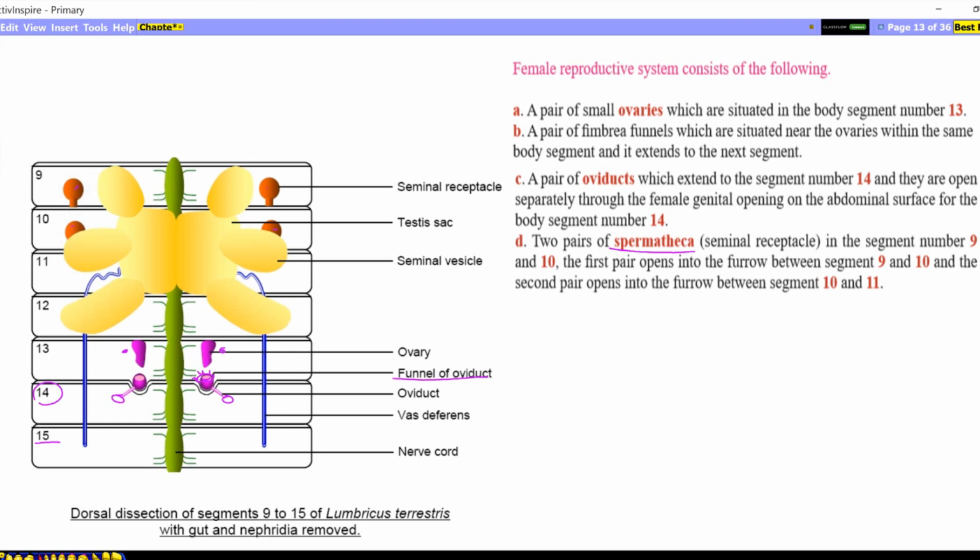The receptacles in segment 9 open out of the body through the furrow between 9 and 10, and between 10 and 11, with 4 openings. This part of the female reproductive system receives the male reproductive cells from the conjugated animal.